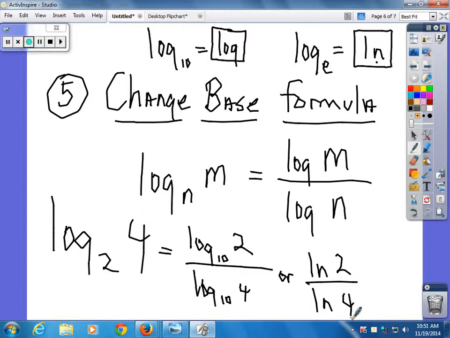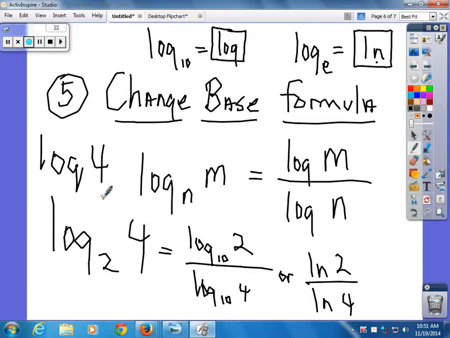Okay? Now, what if I gave you this? LOG of 4. That's log base 10 of 4. Why? Because if there's nothing here, it's assumed to be a 10. And you need to remember that. So all you do is write it log base 10 of 4. Well, you don't have to. You just put log of 4 in your calculator.